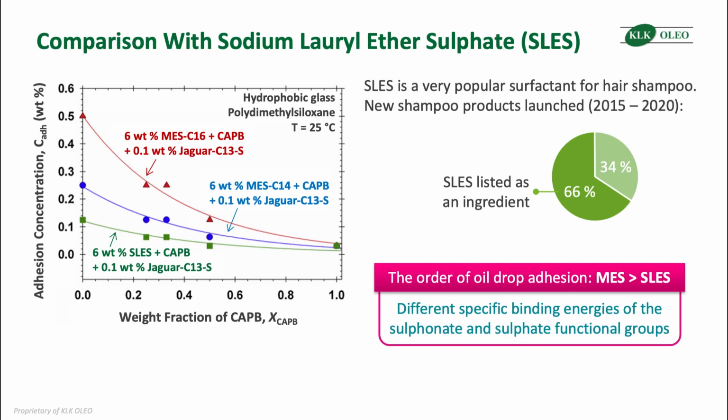Using the same experimental conditions, we observed that the adhesion concentrations for SLES are lower than MES C14 by a factor of 2 and lower than MES C16 by a factor of 5. Drop adhesion is easier using MES as the primary surfactant compared with SLES. We propose that this is due to the different specific binding energies of the sulphonate and the sulphate functional groups.